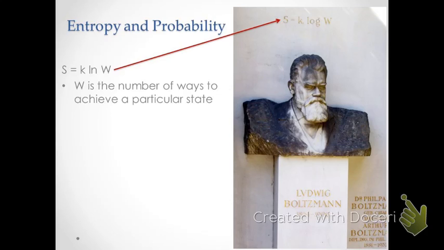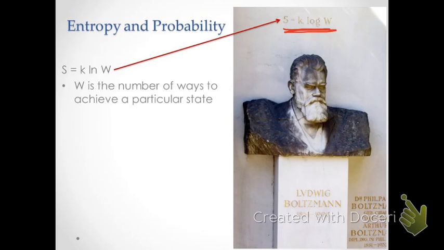That is the statistical definition of entropy. It's interesting to note that Boltzmann's tombstone shows this equation on it. You might want to think about what kind of equation you would like to have on your tombstone. Pleasant thought.